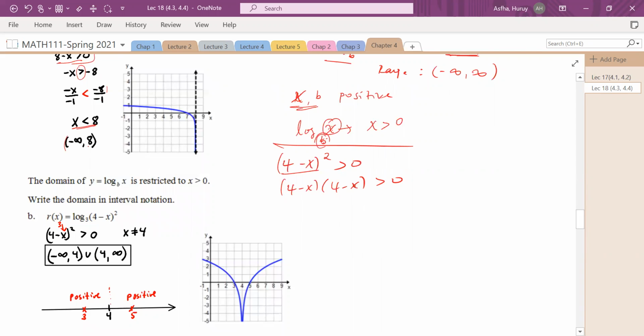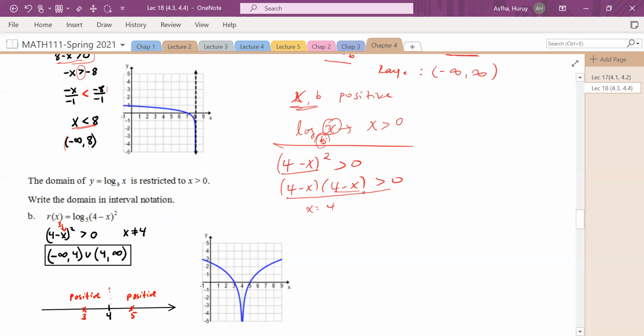Well, there are different ways, of course, because this is easy. It's a square, so we can easily determine what values of x make this positive. But to make it more general, we solve for each of these. This one will be 0 at the point x equals 4.